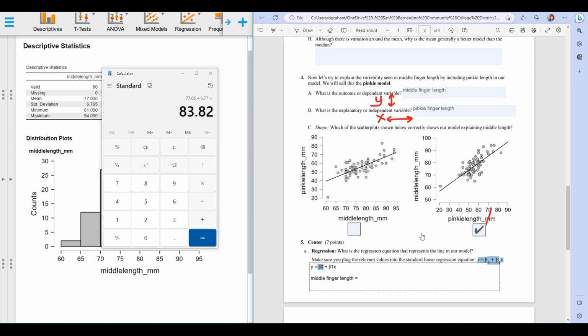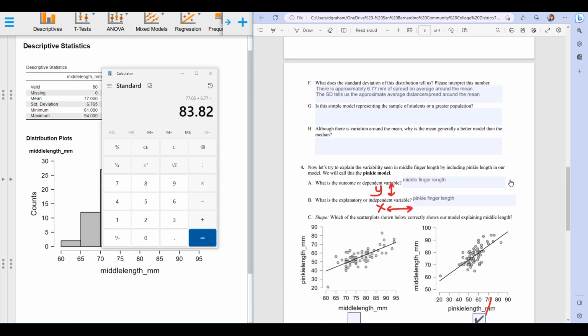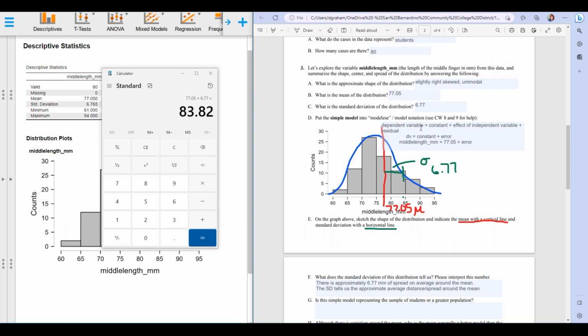So if you recall from our classwork on regression, the B naught represents, in our general model, our constant.